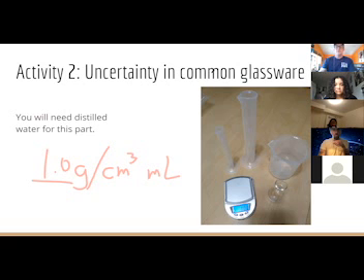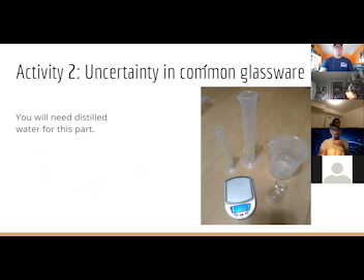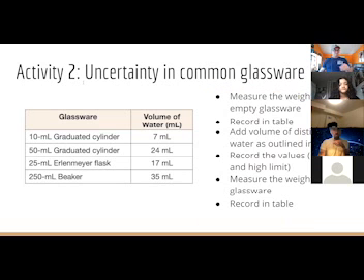So we're going to use the mass to determine our volumes. So let's clear that. There we go. All right. So in our 10 mil graduated cylinder, we're going to try and put 7 mils of water.